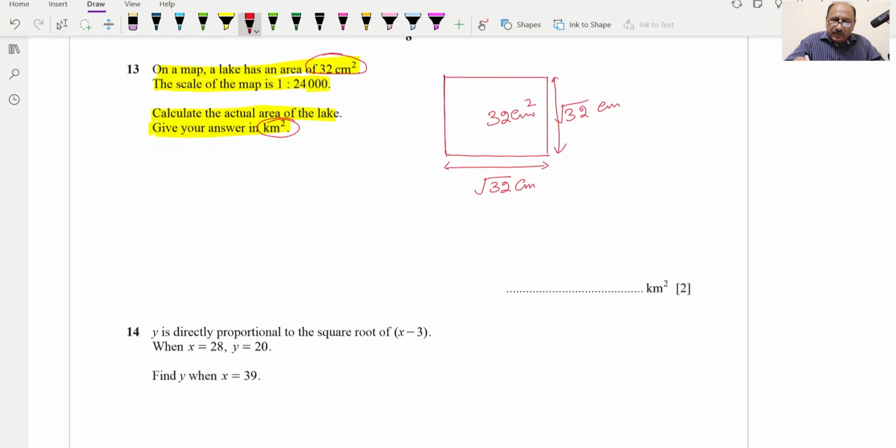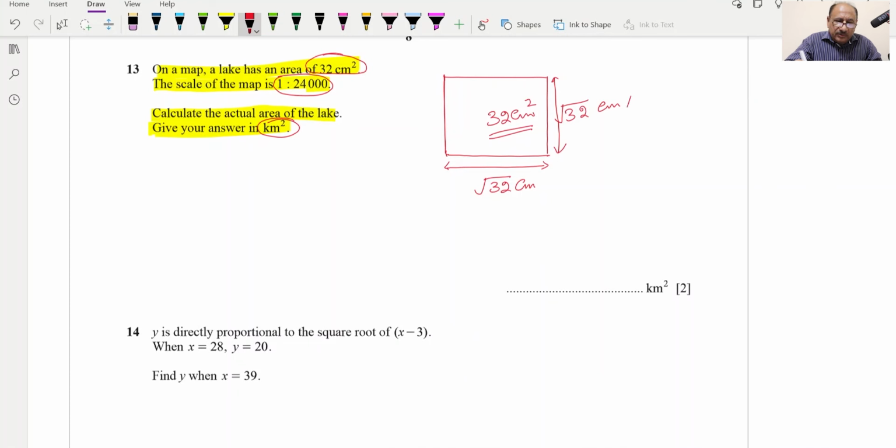If you multiply this and this, we will get the area, which is provided over here, which is 32. So we have taken the length in square root format, and now we can change it into kilometers. First we'll multiply it by the conversion ratio to change it into the actual size.